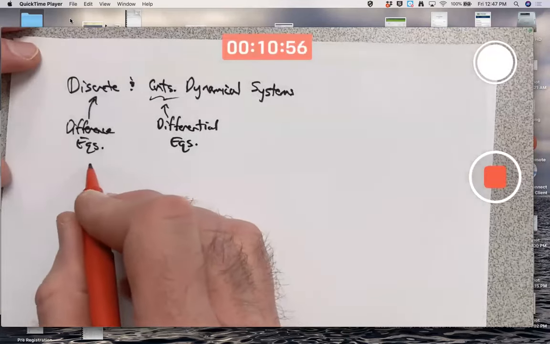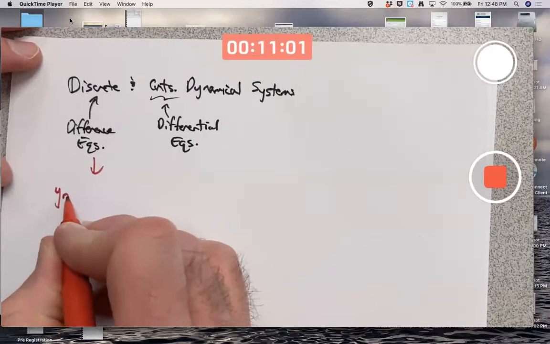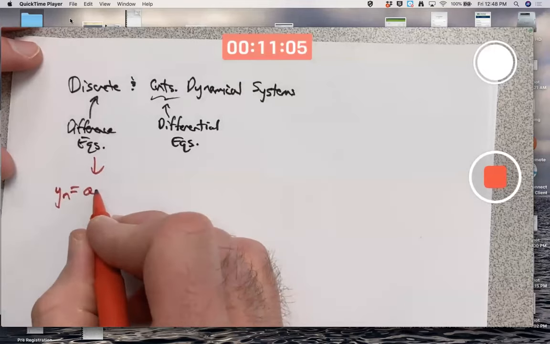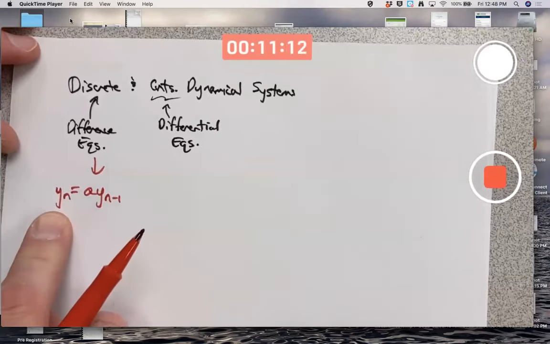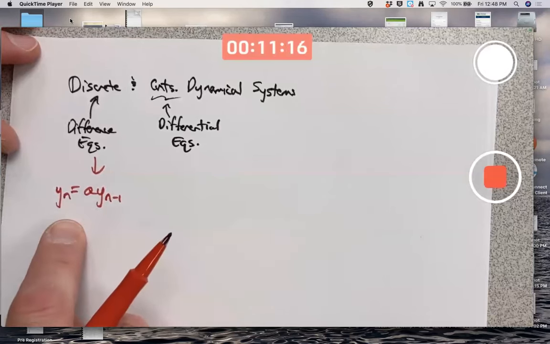So for the difference equations, the simplest kind is, well, a scalar linear difference equation would be y sub n equals some constant a times y sub n minus 1. To find the next value of y, take a times the previous value of y. I think maybe I called it k instead of a back then.